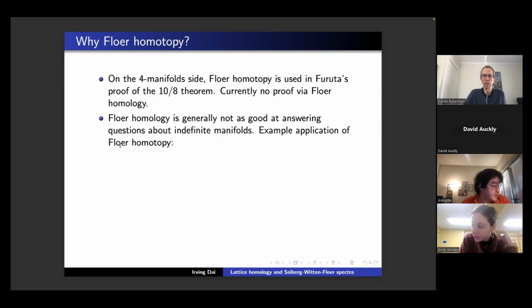Floer homology is generally much harder to leverage if I ask whether my three-manifold bounds certain indefinite intersection forms. Although not impossible, it is often much harder to use to answer such questions, whereas Floer homotopy generally is much more flexible at answering such kinds of questions.